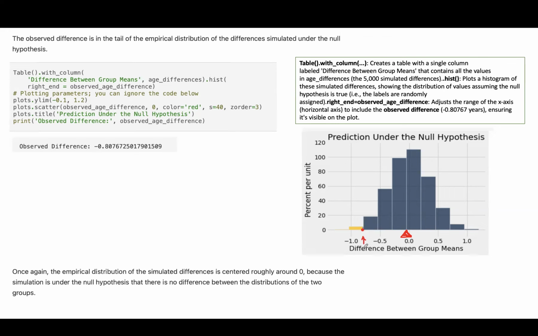But what about the red dot on the left-hand side? The empirical p-value of the test is the proportion of simulated differences that were equal to or less than the observed difference. This is because low values of the difference favor the alternative hypothesis that the smokers were younger on average.